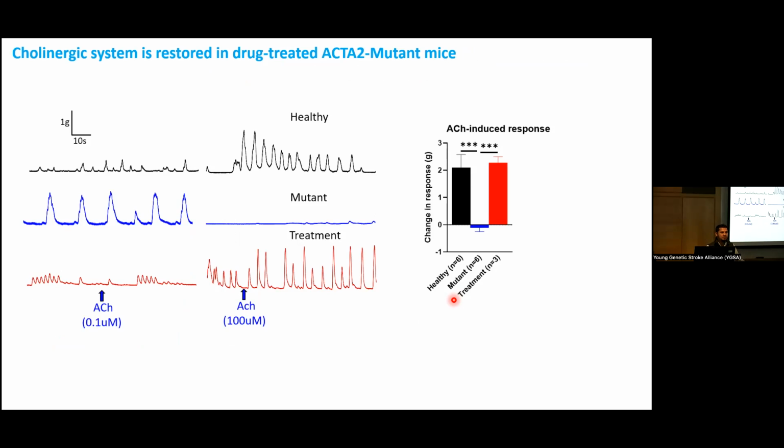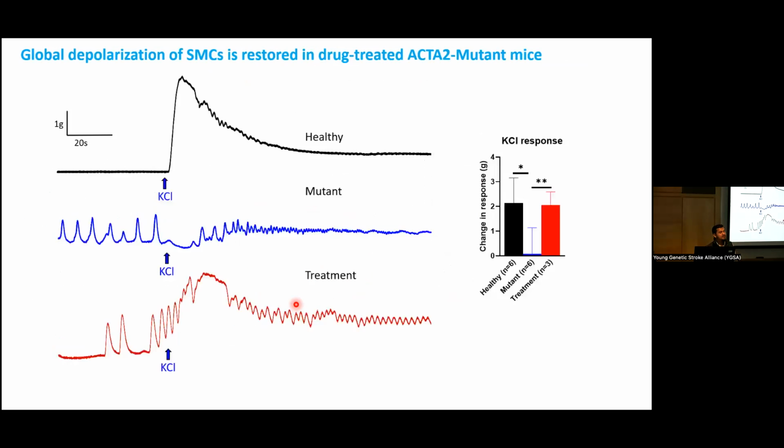We added that from the outside, and the normal function that was missing in the mutant mice, we can restore in the treatment group. And again, potassium chloride, the global depolarizing chemical, also restored the function in the treated mice.